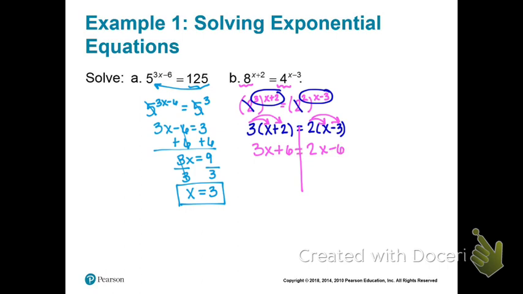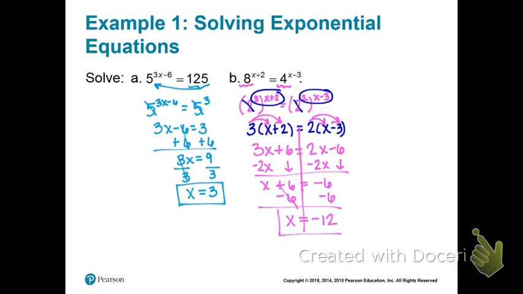And then I can't simplify each side anymore, so now I'm going to start getting my x's on one side and my non-x's on the other. So I'm going to subtract this 2x. So I have x, bring down your plus 6, equals, bring down your negative 6. And then subtract the 6 over. And so we get x equals negative 6 minus 6 is negative 12. And so we've solved our equation there.